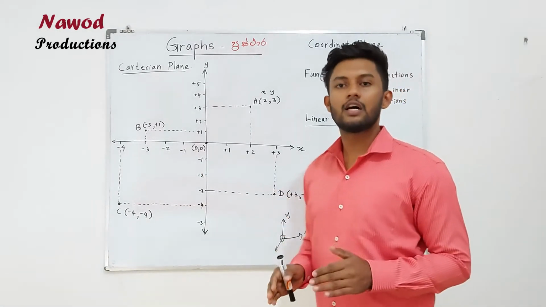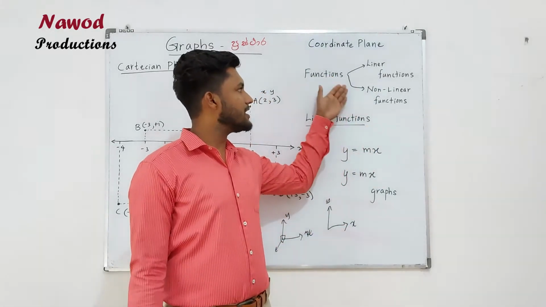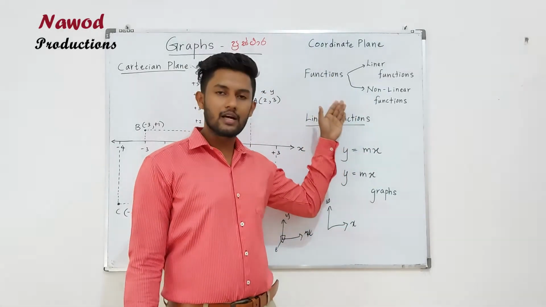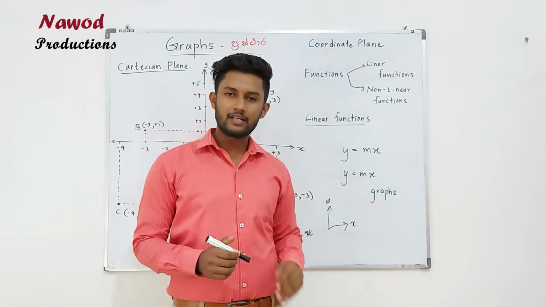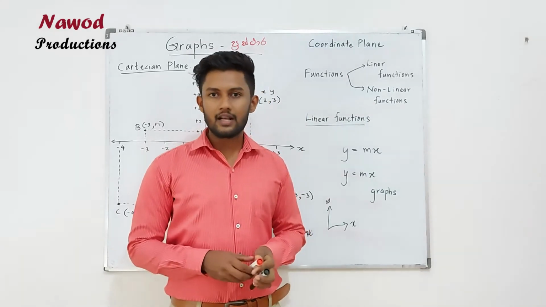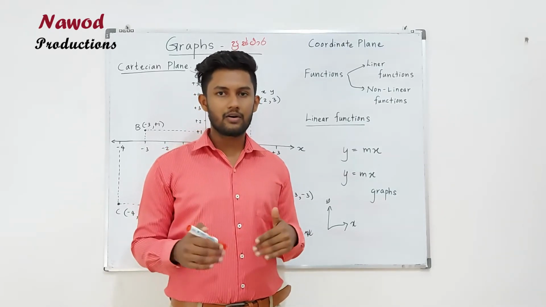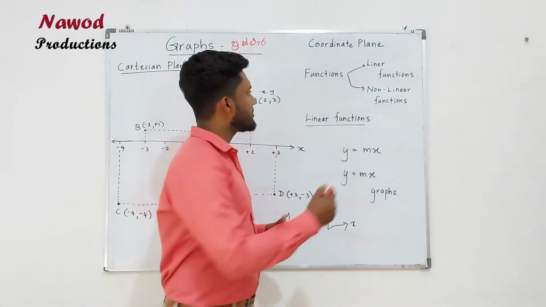Then here, mainly two types of graphs are there: the linear functions and the non-linear functions. When considering linear functions, linear means a straight line, that means it is not angled and it is not a curved line.